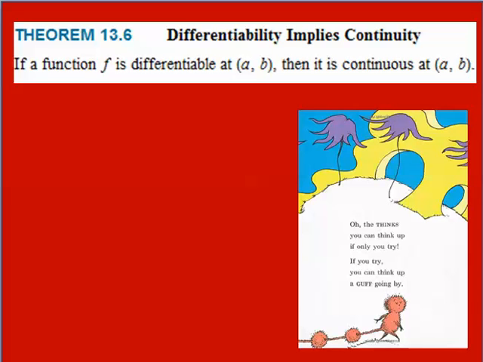A side note, if a function is differentiable, then it is continuous. And by now, you probably know that if it's continuous, it might be differentiable or it might not. However, if you do know it's differentiable, then you do know it's continuous.